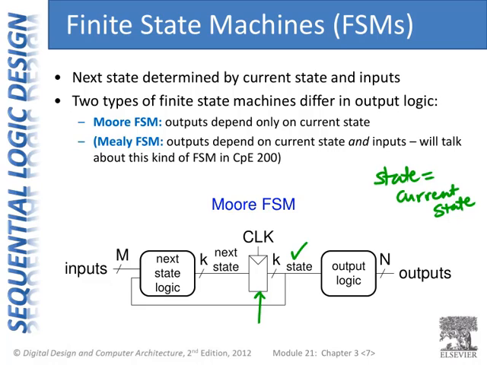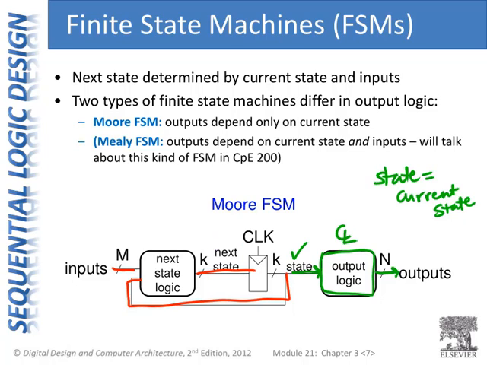Given this state, we have some output logic, some combinational logic, with the state as input, that computes what our outputs should be. Also, given the current state and the inputs, we can compute where the system should go next, so what the next state is.